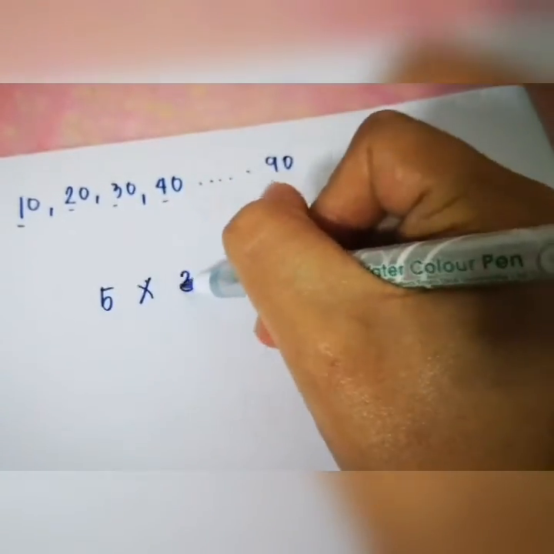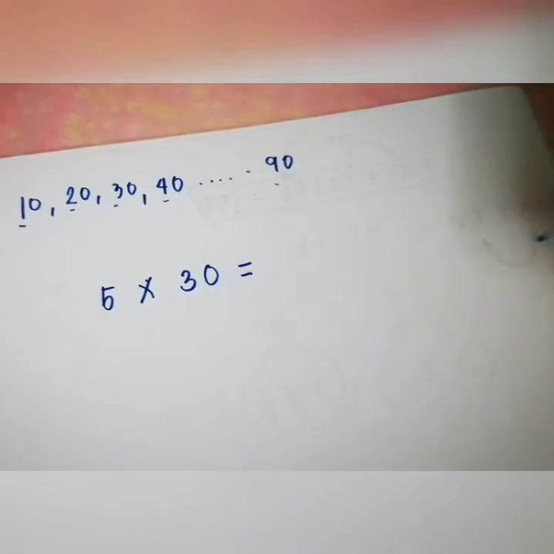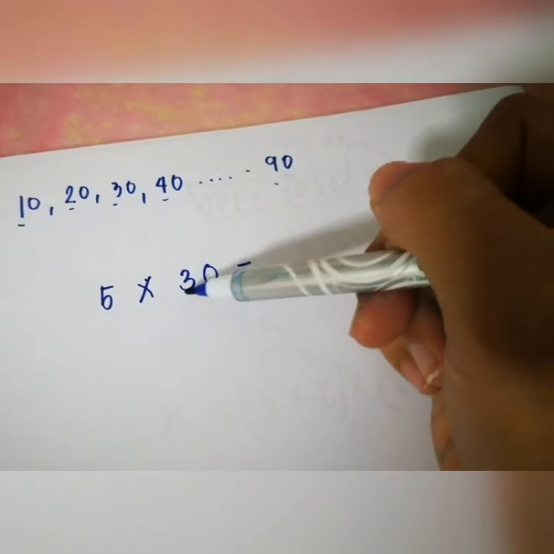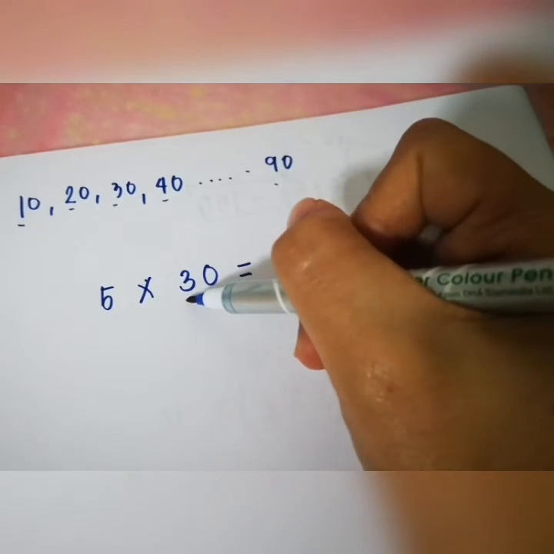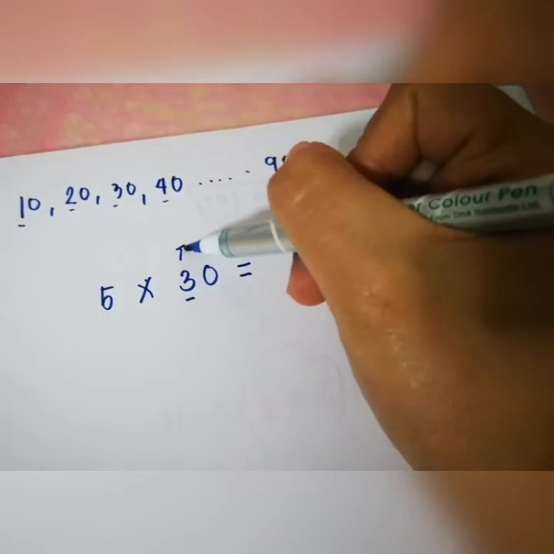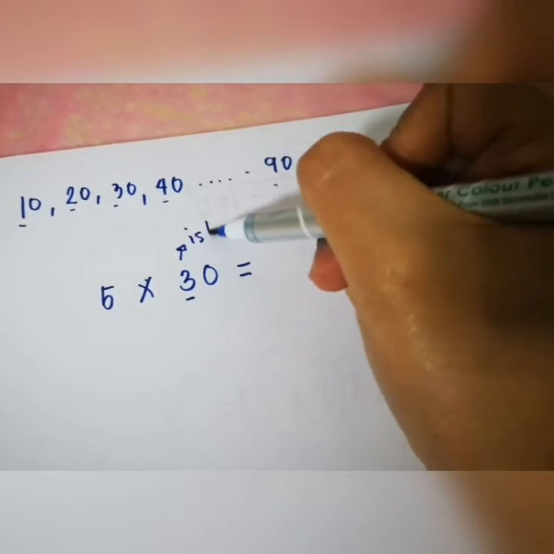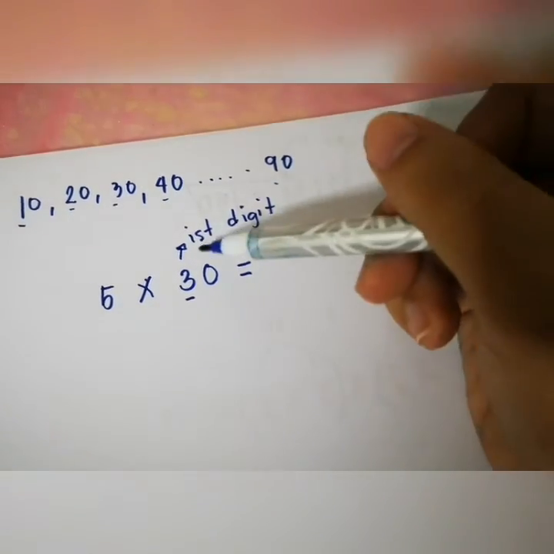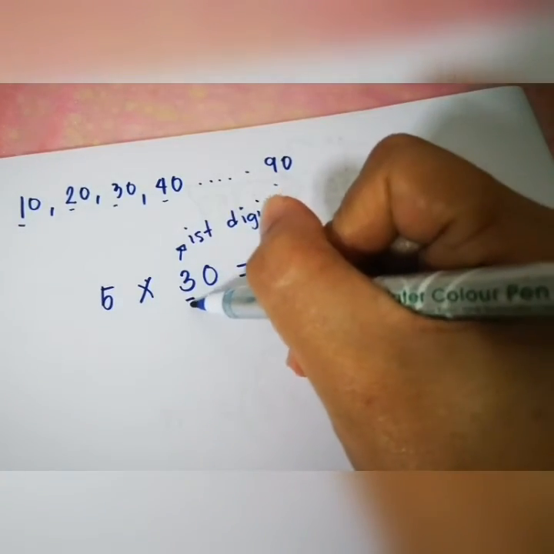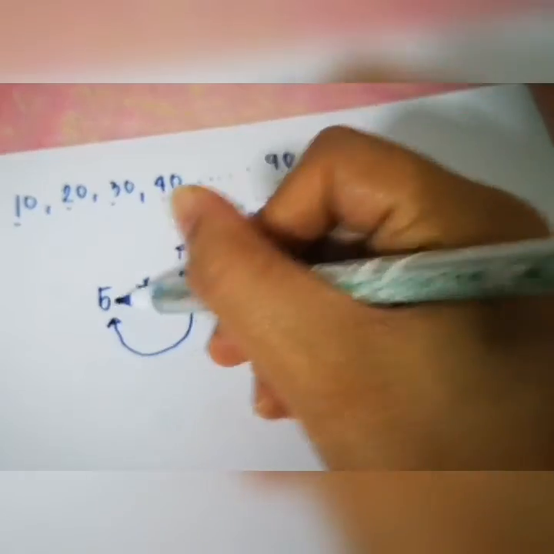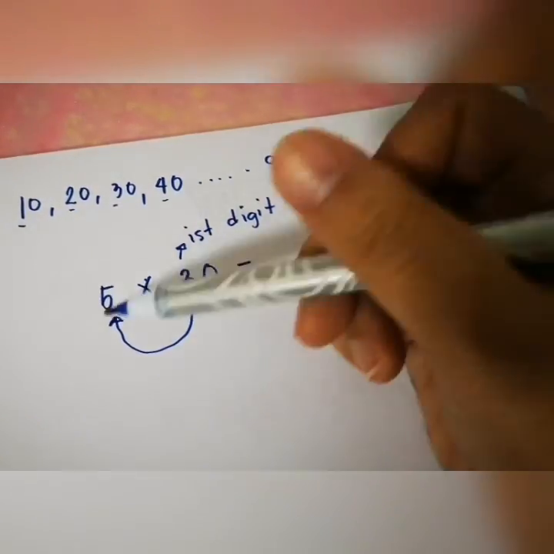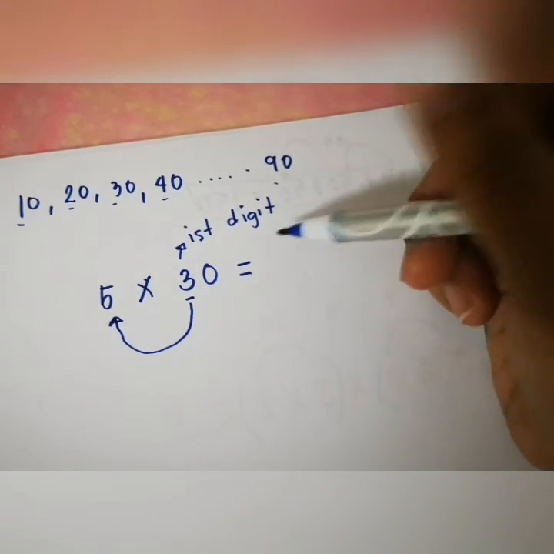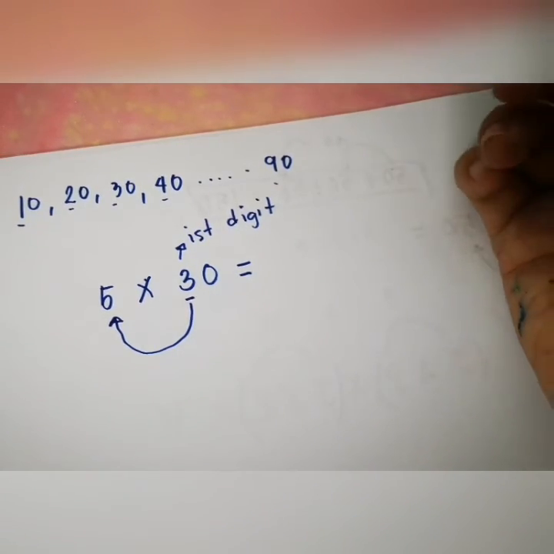So for example, let's have 5 times 30. We don't need to multiply these two. We only need to multiply the first digit. So we will multiply the first digit to the other number, which is 5. 5 times 3, we have 15.